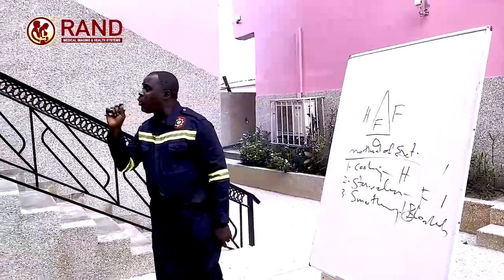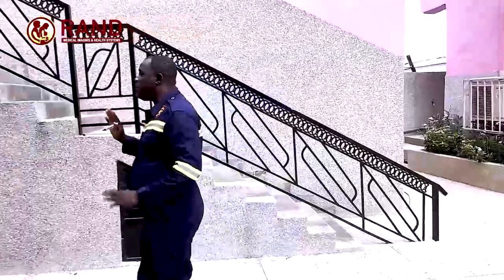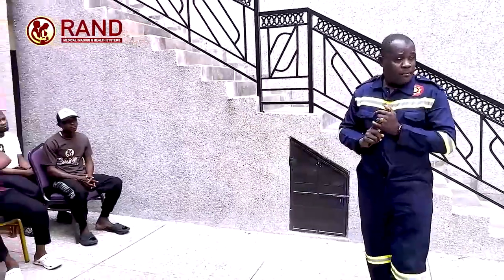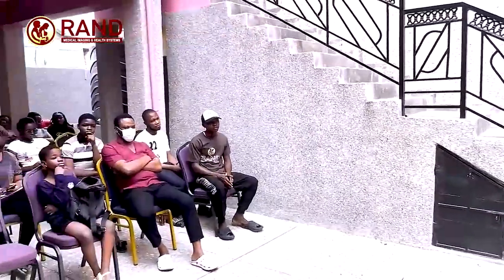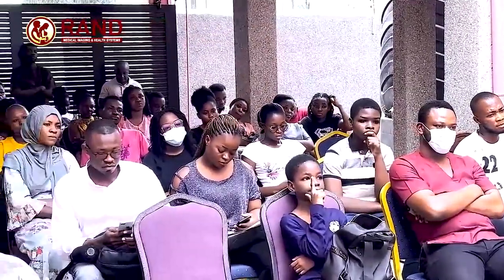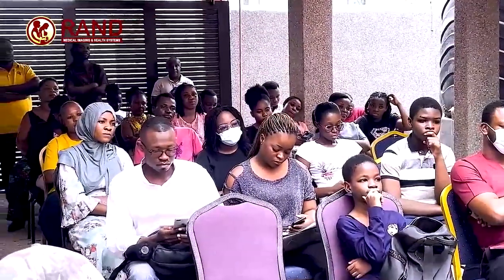Now, what are the causes of fires? Fire will not come by itself. It can come through disaster, but I will name about four causes. Number one, carelessness. Carelessness can cause fire. You are ironing.